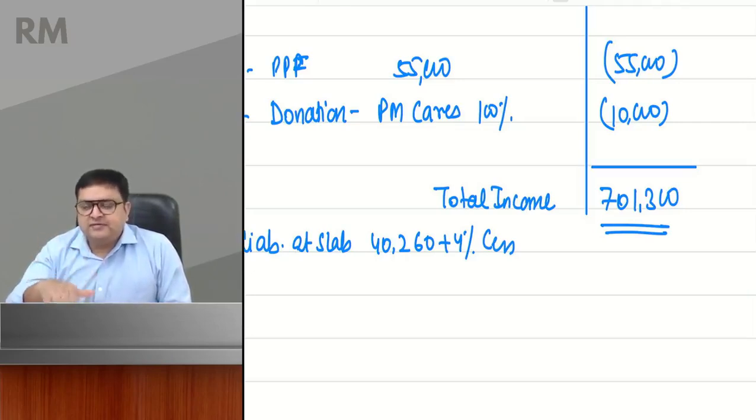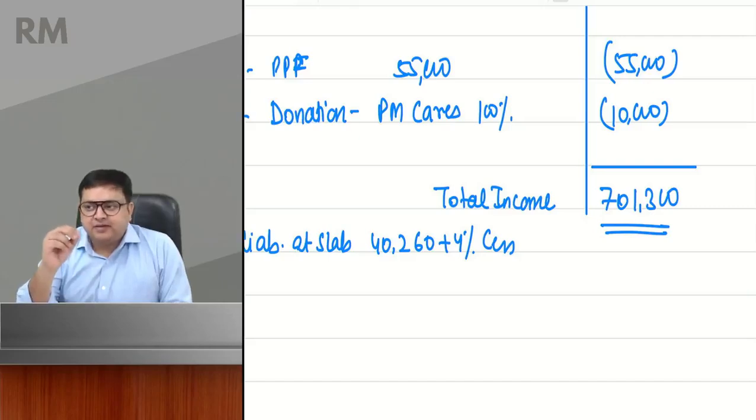For default regime, is he eligible for rebate? If let's say this person is following default regime, would he be eligible for rebate or not? See, in default regime, if it is up till 7 lakh, we give rebate.